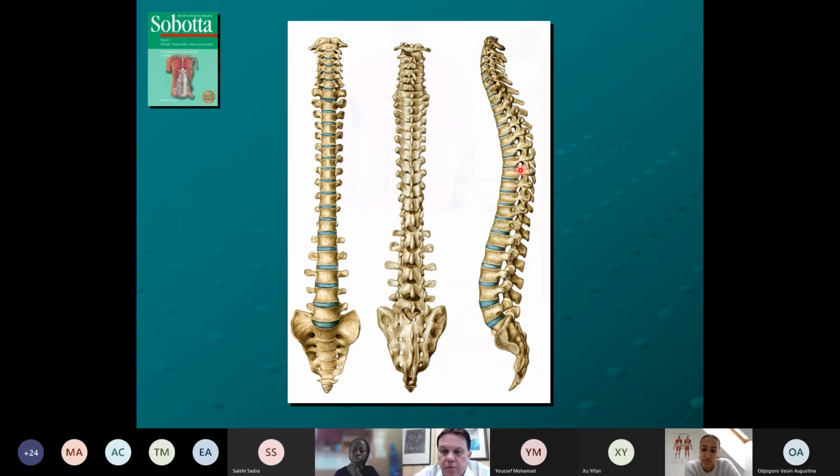But for maintaining the straight spine in the frontal plane and these curves in the sagittal plane, you need muscles. Without the muscles, the bones wouldn't be in that position. Normally, bones are in their position when they are held together by ligaments and positioned and functioned by muscles.